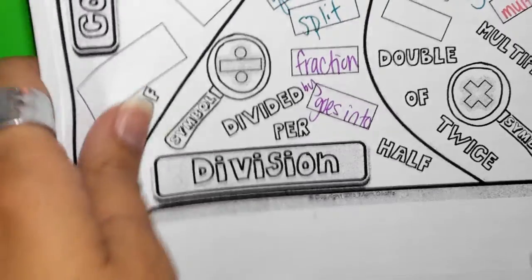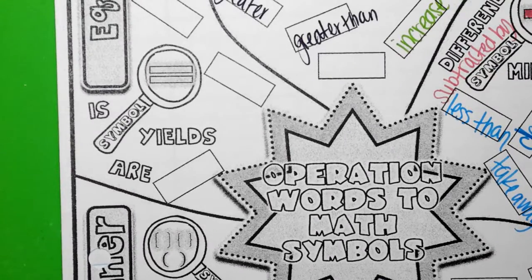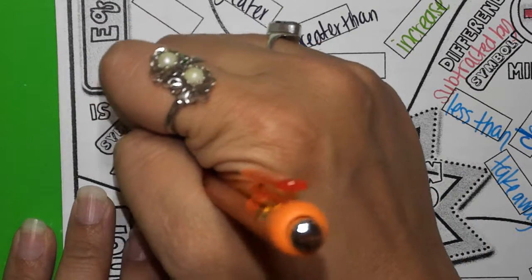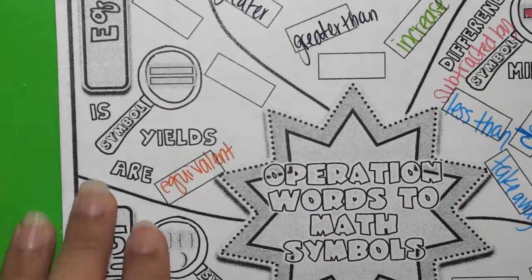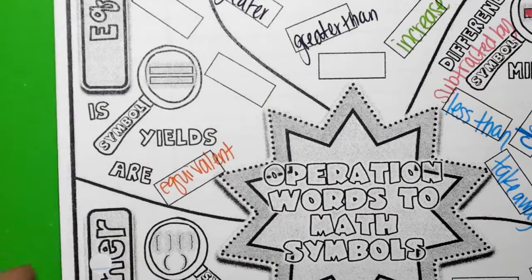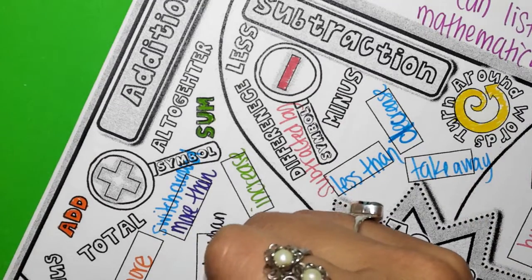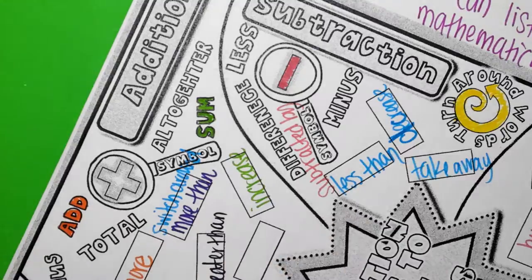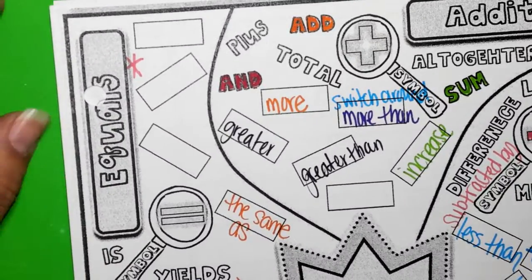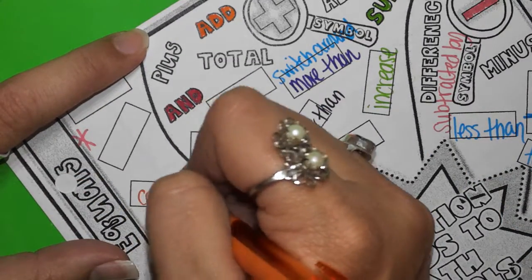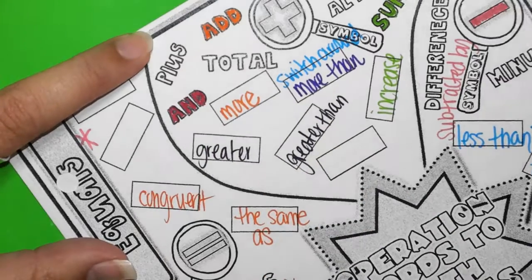Okay. What about equals? Jayla, right? Okay. Equivalent. Love it. Cole. The same as. The same as. All right. Tres más. Jackson. Congruent. Throwing out a geometry word.